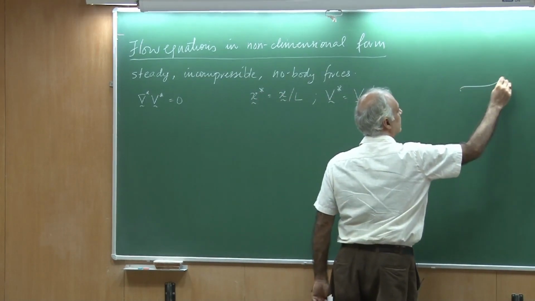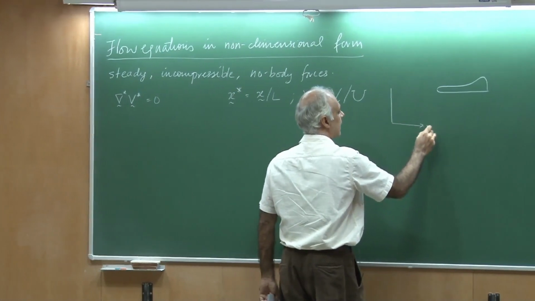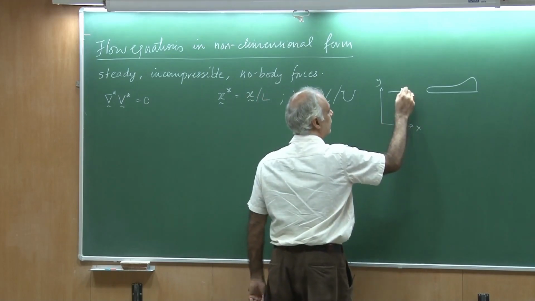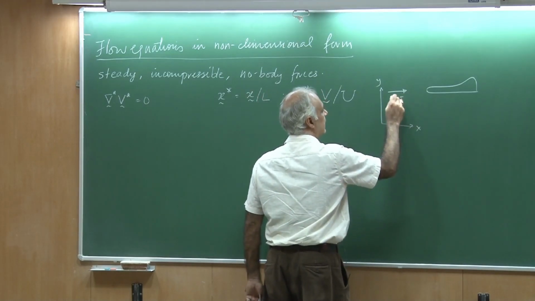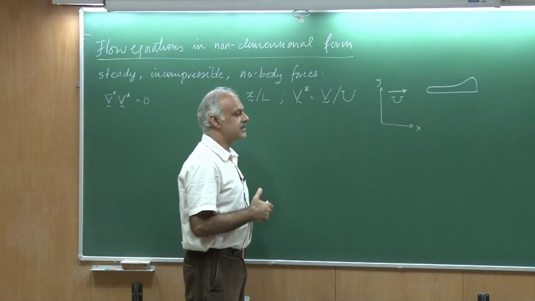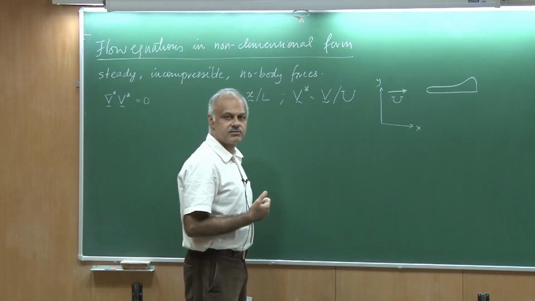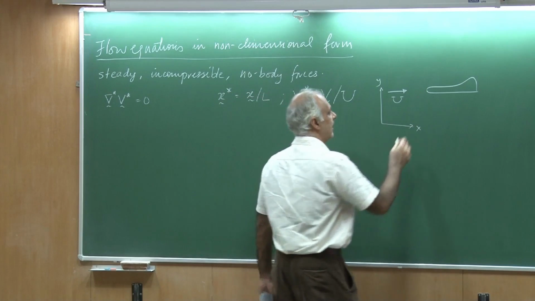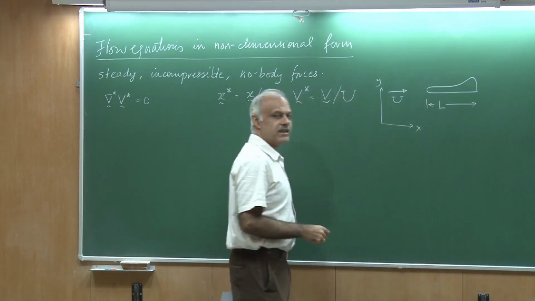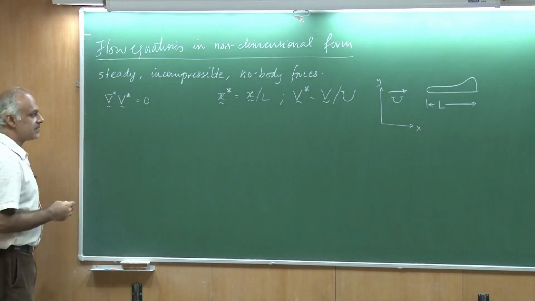So the idea was that there is this aircraft, we are in this frame of reference xy, and the flow comes to the aircraft at a speed U. Okay, so you can imagine that we are sitting on the aircraft as an observer, and the flow is coming at us with a free stream speed of U. And we also talked about the characteristic length being the length of the aircraft.